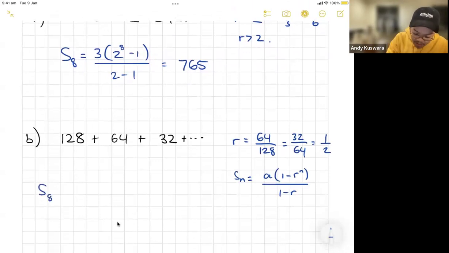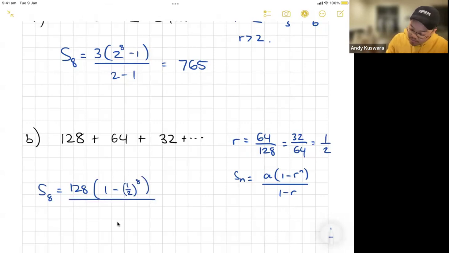So let's go S8 equals A, which is your first term, 128, multiplied by 1 minus R to the n. So your R we said was half. 1 take away half to the power of 8. And then all of that is over 1 minus R, 1 take away a half.